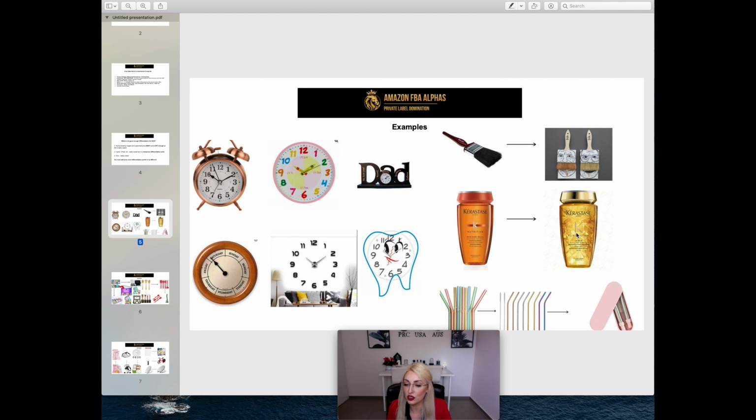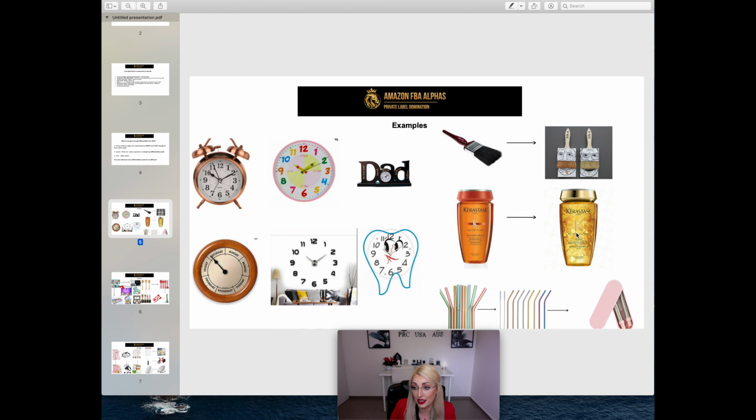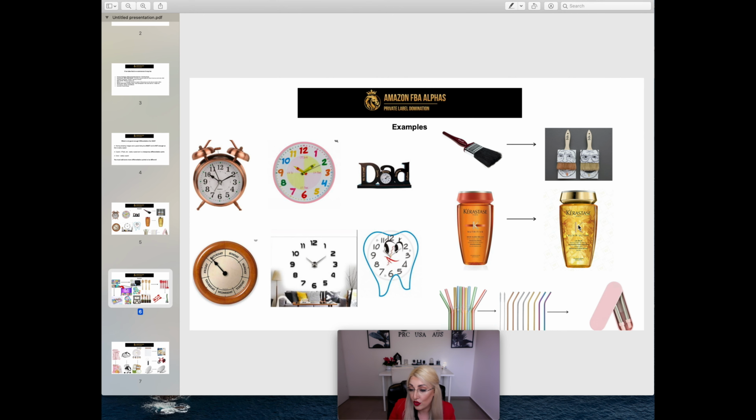And because it looks more premium, with the whole gold effect, it's really giving you an illusion, because at the end of the day, both of these products are more or less the same. The difference is the packaging, or the design, on the one on the right. Obviously, it's also the same brand. They're both by Kerastase. But anyway, the one on the right would be more prone to sell for a higher price point.